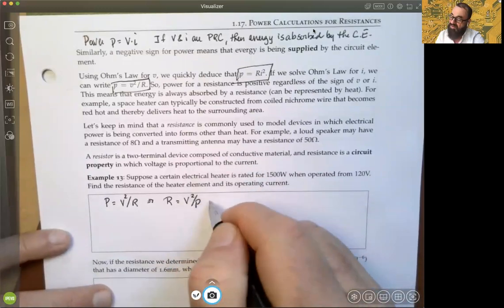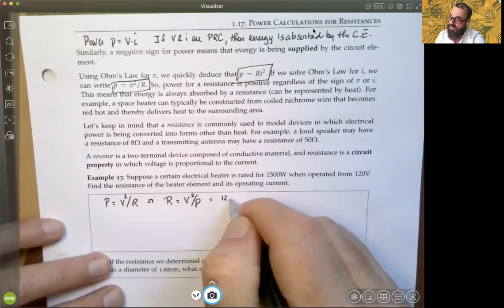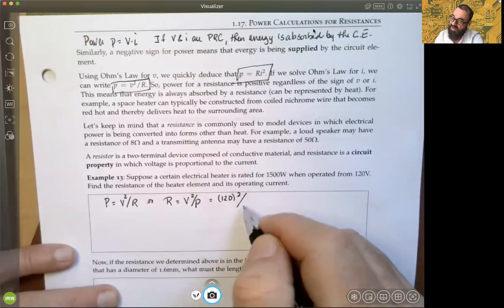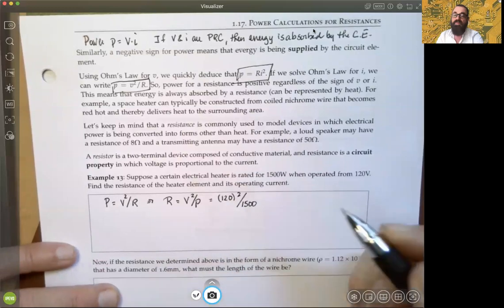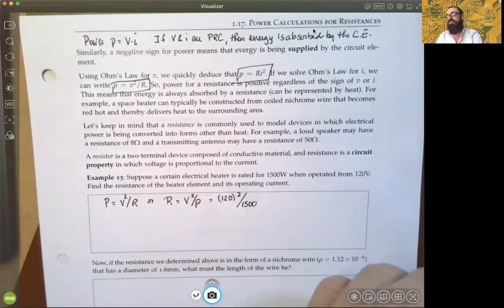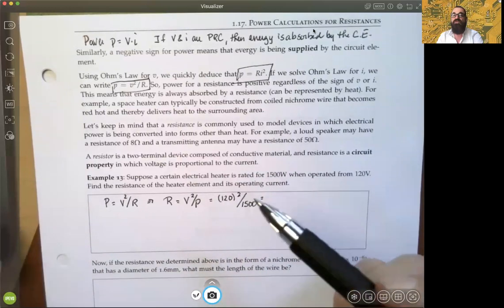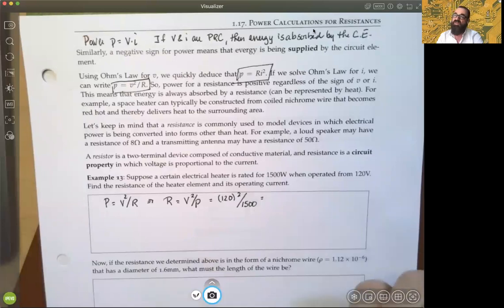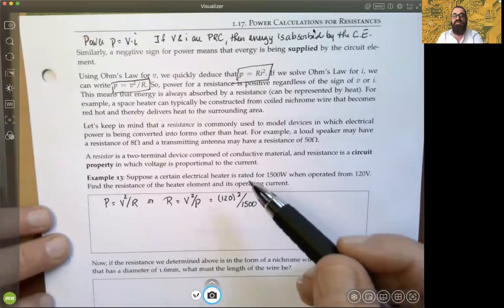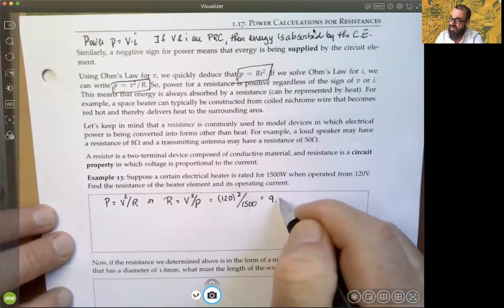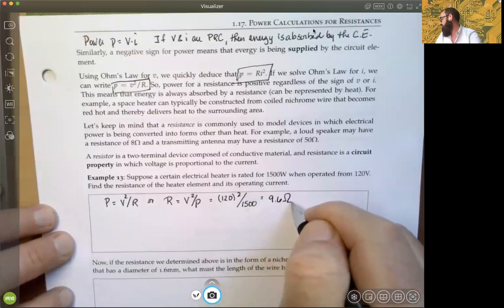Then we can plug in values. We have 120 volts, which will be squared, and we are dividing by 1500 watts. Okay, I'm not putting the units in there because we know we should be getting ohms back. And if you take the calculator out, and of course for any of these problems, whether it be in the homework or in the quizzes, you have a calculator available, you can use it, of course. 120 squared divided by 1500, I've already done the calculation, that's 9.6 ohms, right?